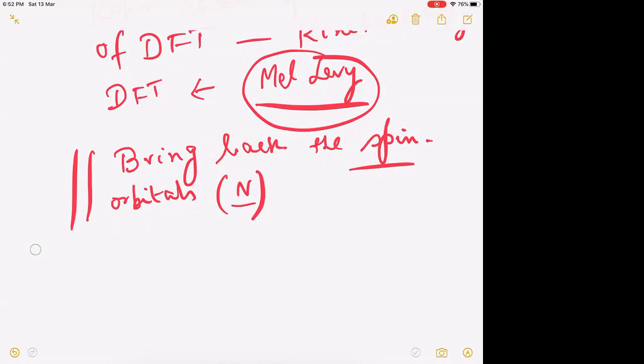because the number of orbitals that Kohn and Sham brought in is still n. Whereas in ab initio methods, anything that is better than Hartree-Fock has orbitals which are much more than n, because they involve excitation to what are called the virtual orbitals. So that number is very large.